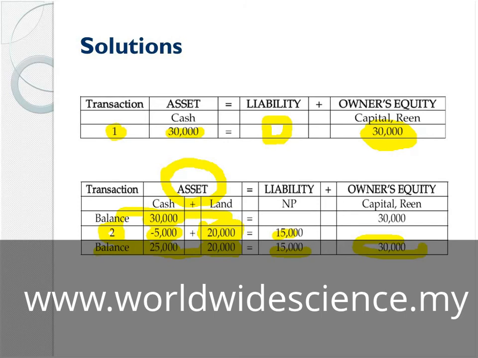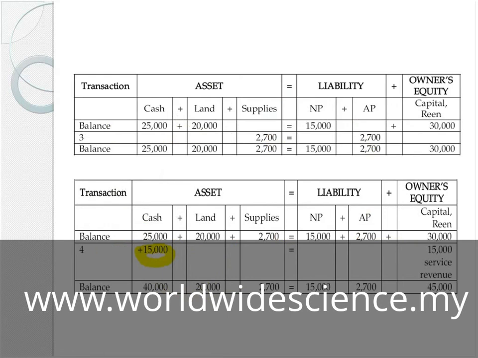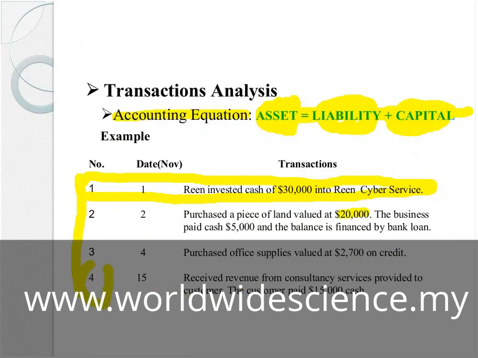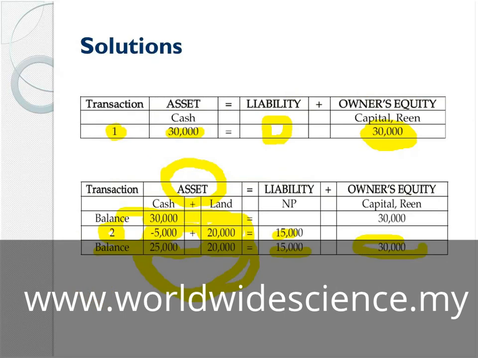Here we have 45,000 on the assets, and we have 45,000 on the liability plus capital. So it's right. I do understand right now. Here 15,000 means that we have a liability.